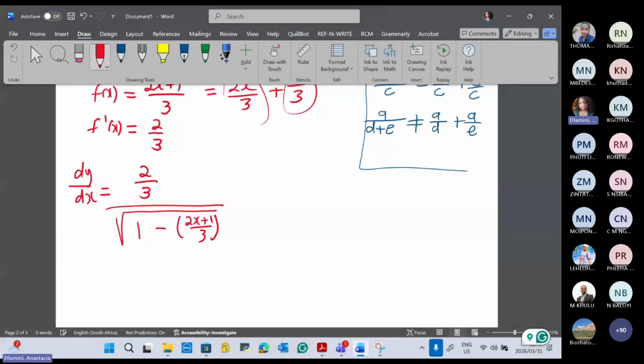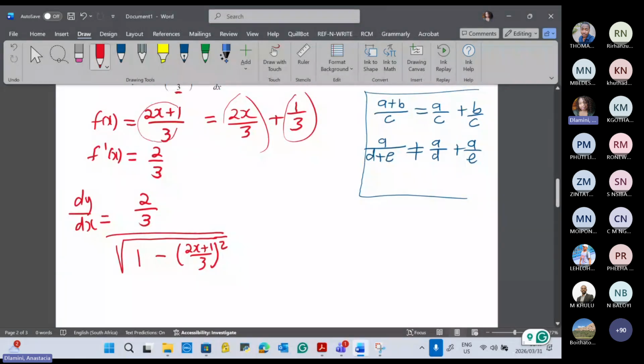Now, there's a trick that I've learned. Most of the time, if you have a quotient like this, and you substitute it under the function, do you see that under the function I substituted 2x over 3 plus 1 over 3? Yes, ma'am.